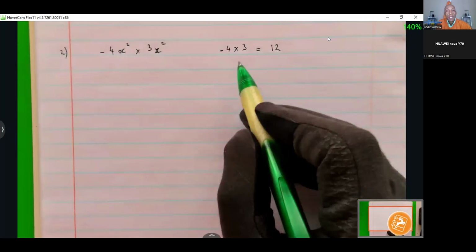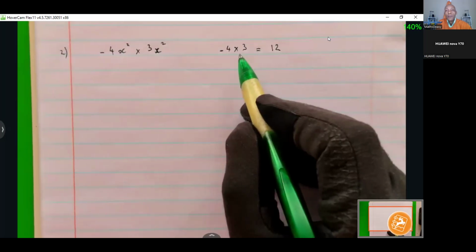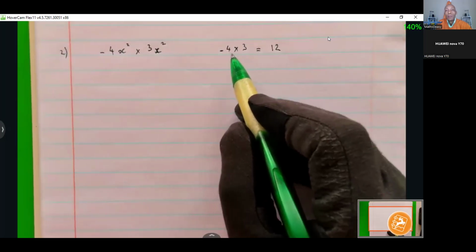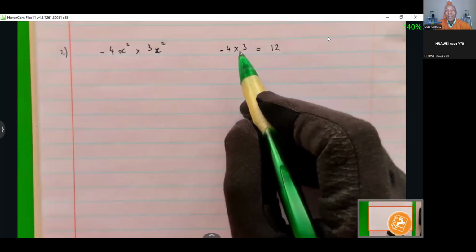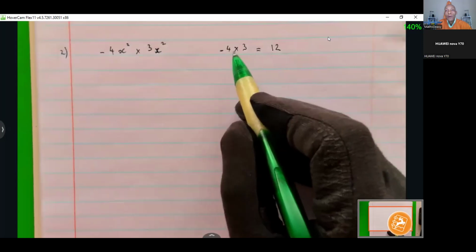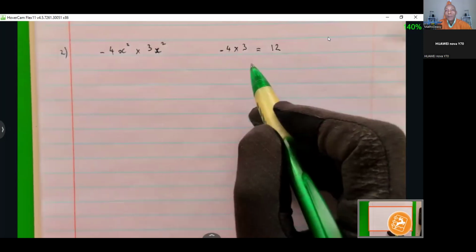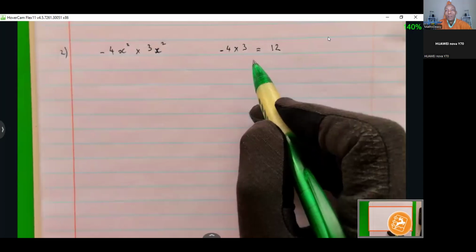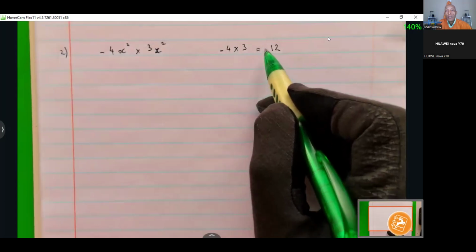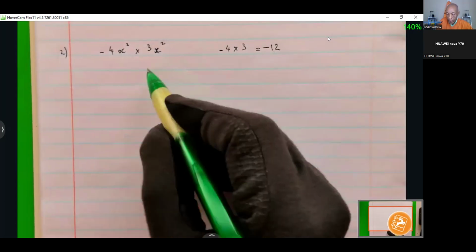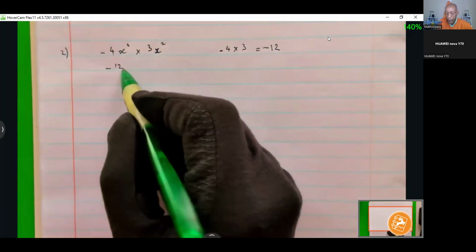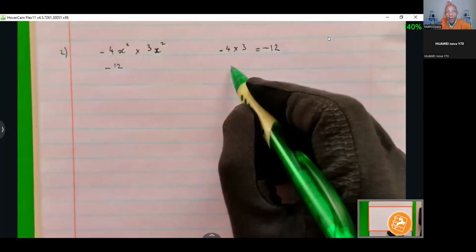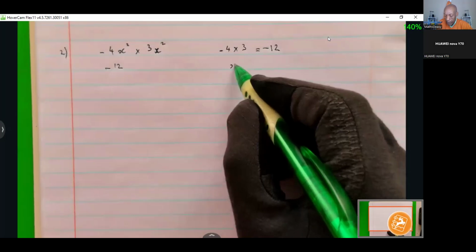Yes. But are they both negative or both positive? One is negative, one is positive. Yes, and when we multiply opposite signs, what sign do we finally get? A negative. Okay, so it's not 12, it's negative 12.